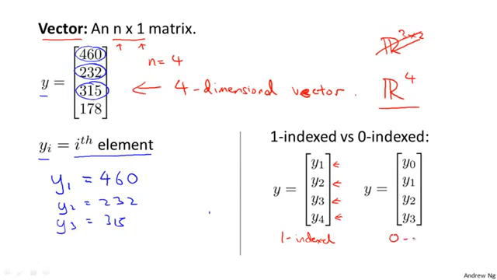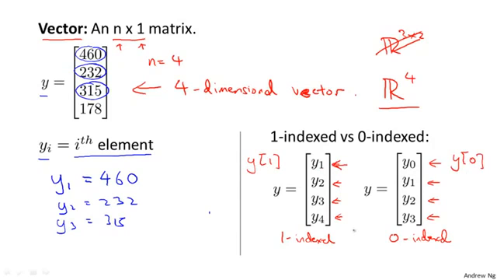And the example on the right is a 0-indexed vector, where we start the indexing of the elements from 0, so the elements go from y0 up to y3. This is a little bit like the arrays of some programming languages, where arrays can be indexed starting from 1, so the first element of an array is sometimes y1, and sometimes it is 0-indexed, depending on what programming language you use.